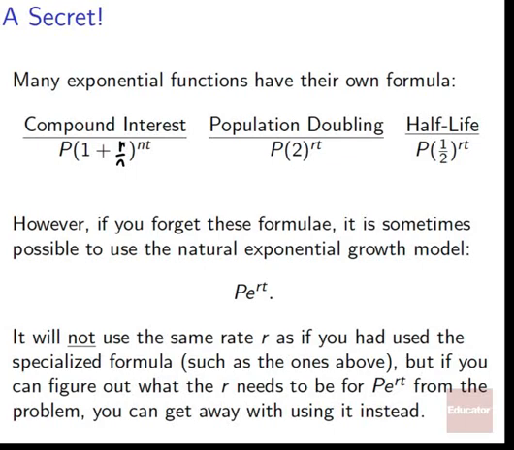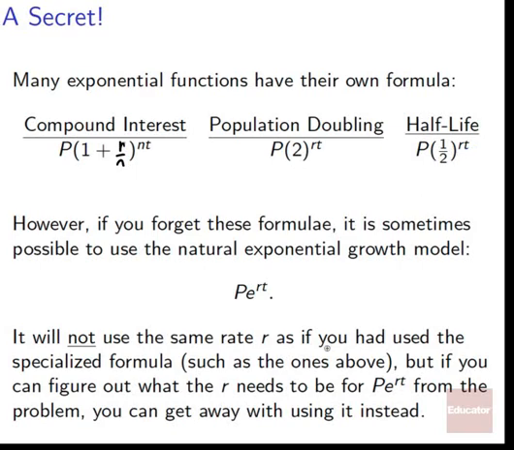If you don't remember that one, our very first lesson on exponential functions described why that is the case. Population doubling: P, some original starting principal amount, times 2 to the rate that they double at, times t. Half-life: some principal starting amount, times 1/2 to the rate times time.